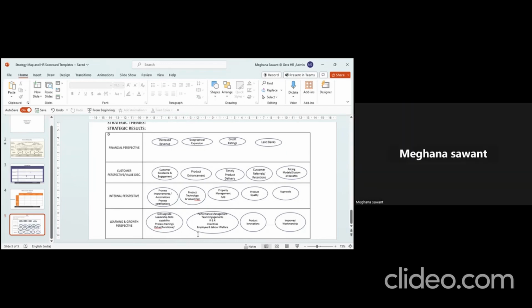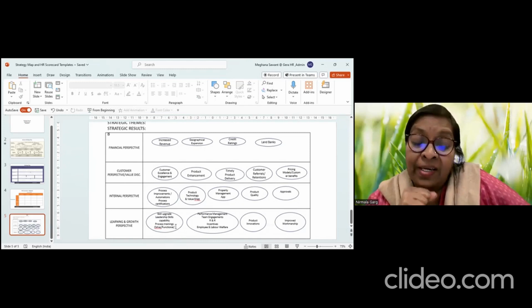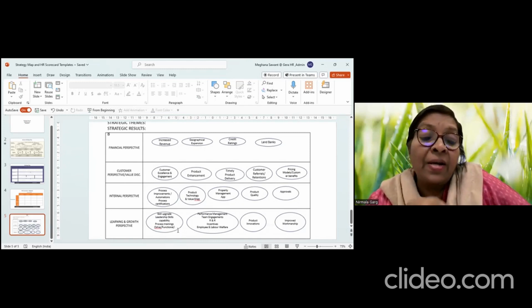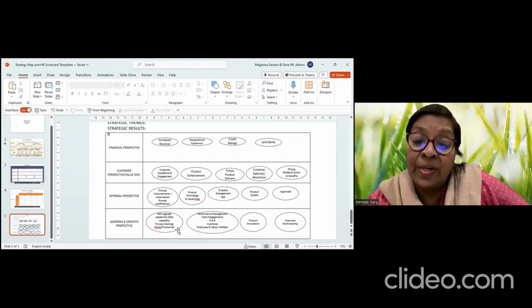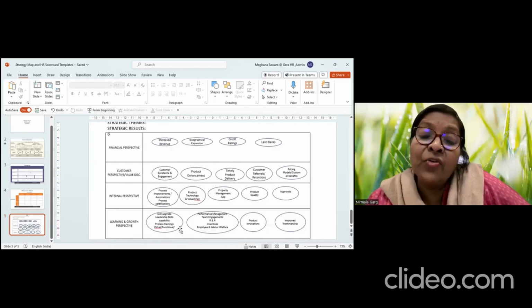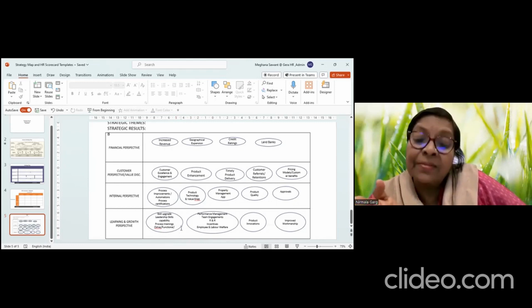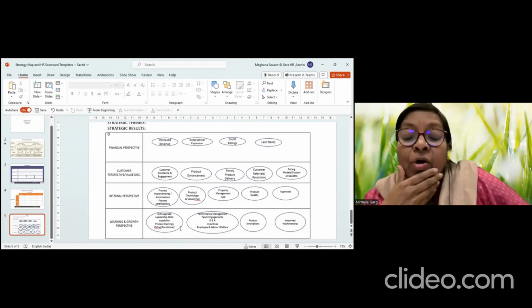But is there anything which you want to highlight in this sector, in this industry, from a learning and growth perspective, something which will actually create some kind of a competitive advantage for you with your peers, your competitors?